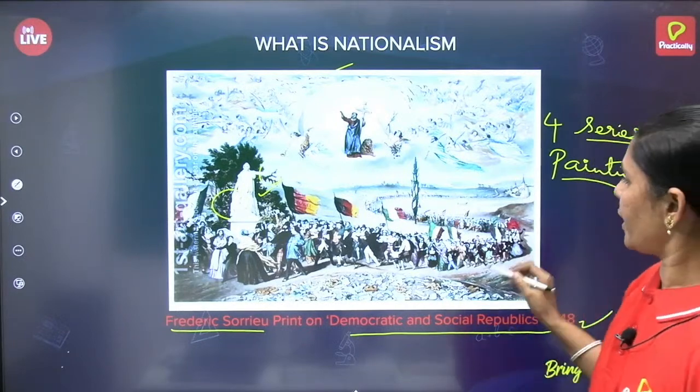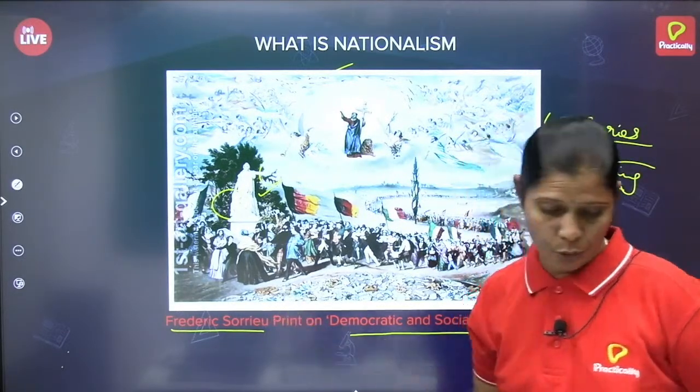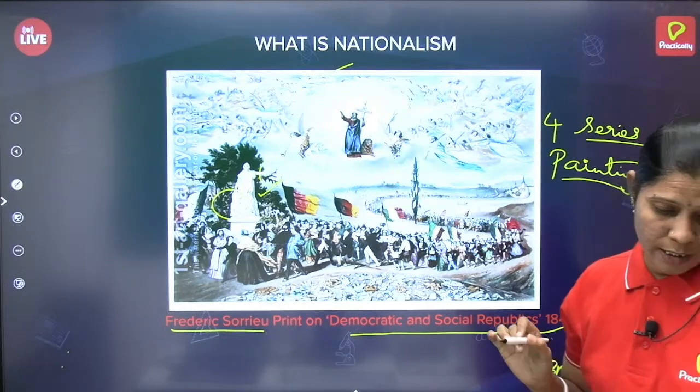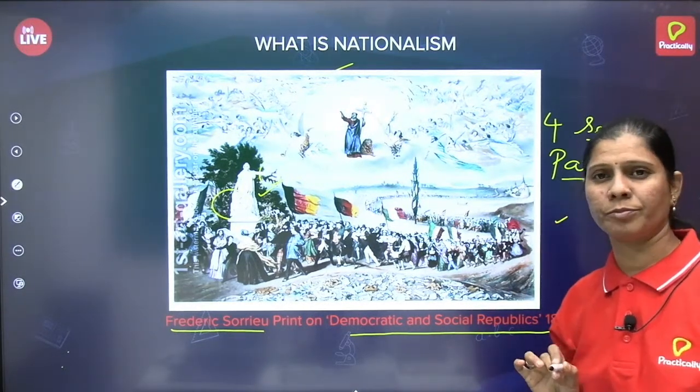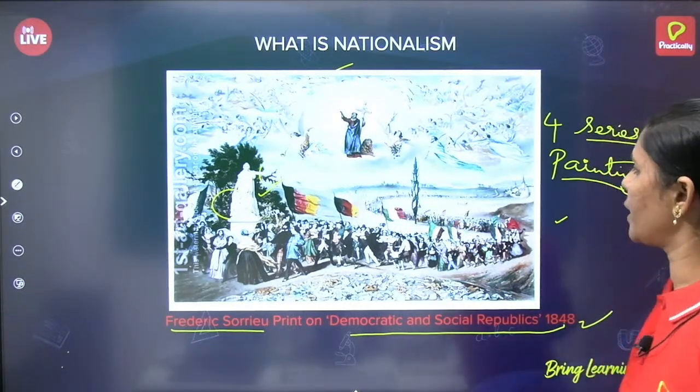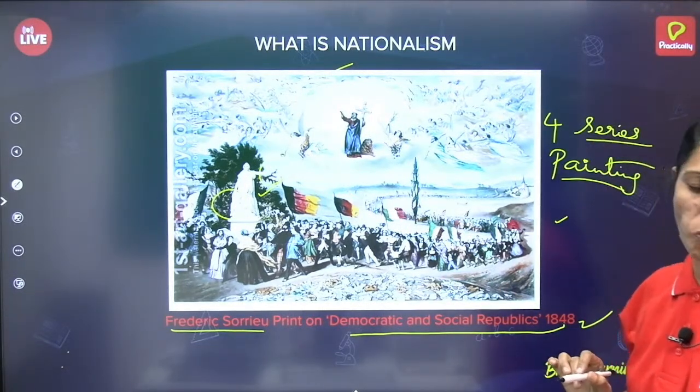There are different countries moving forward. You can note the countries in this area. Just look at this image.